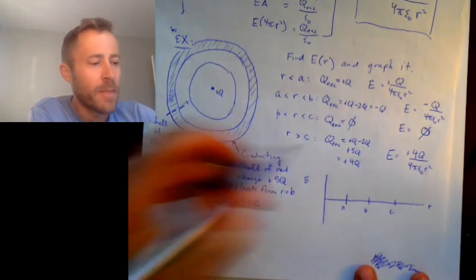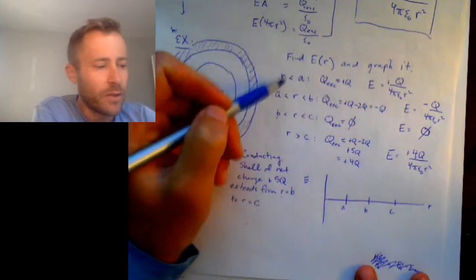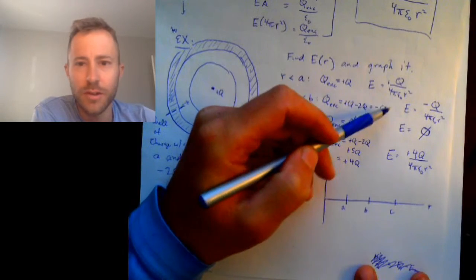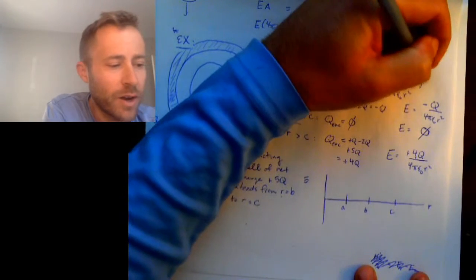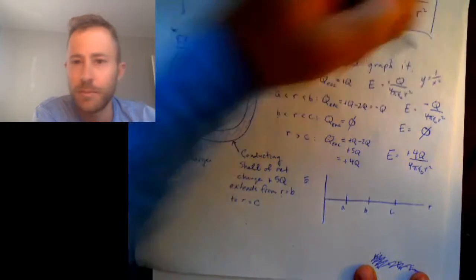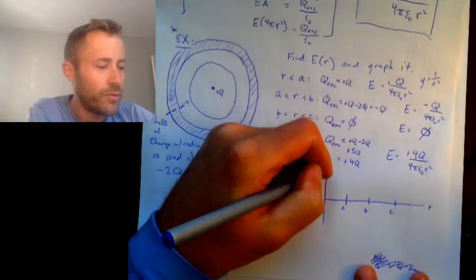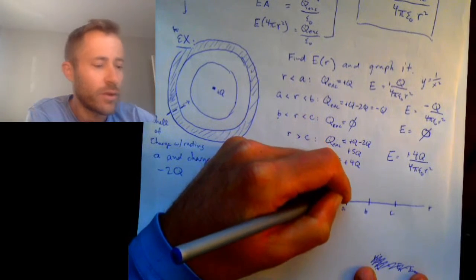But when R is less than A, we have plus Q over 4 pi epsilon naught R squared. So this is going to look like a graph of y equals 1 over x squared, which looks like this. It goes like that.